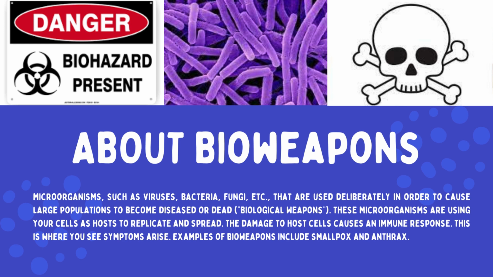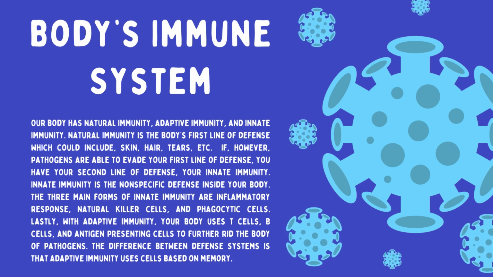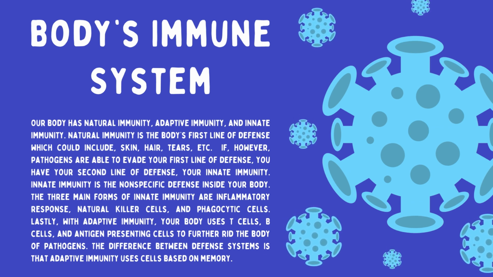So before we can talk about pathogens, we're going to talk about our own body's immune system and how it would react to pathogens entering our system. So in our bodies, we have three lines of defense. We have our natural immunity, adaptive immunity, and innate immunity.